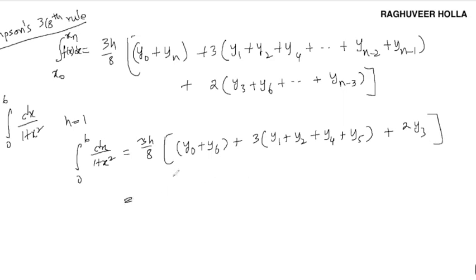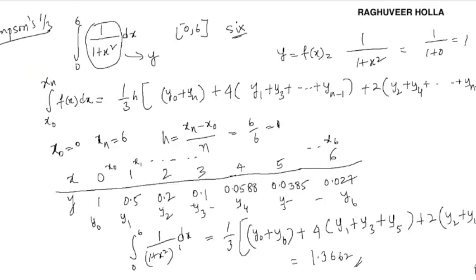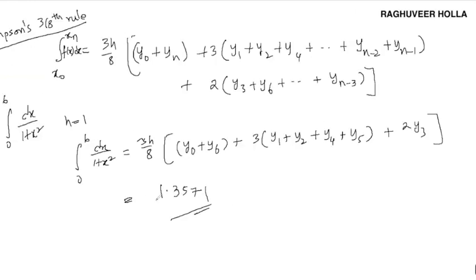So when you substitute all these values, you get 1.3571. You have noticed this. Please notice this is 1.3662. Here it is 1.3571.